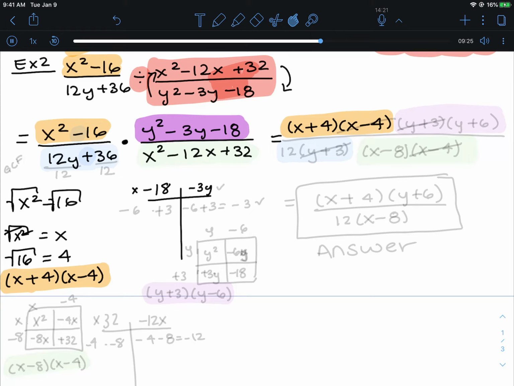So I need to multiply to a negative 18. Okay? We can do 6 times 3, because 6 times 3 is 18. But now I need this to be negative, and I need it to be added to a negative 3. So I'm going to make the 6 negative, and the 3 positive. Because negative 6 plus 3 is going to give me negative 3, which matches that.